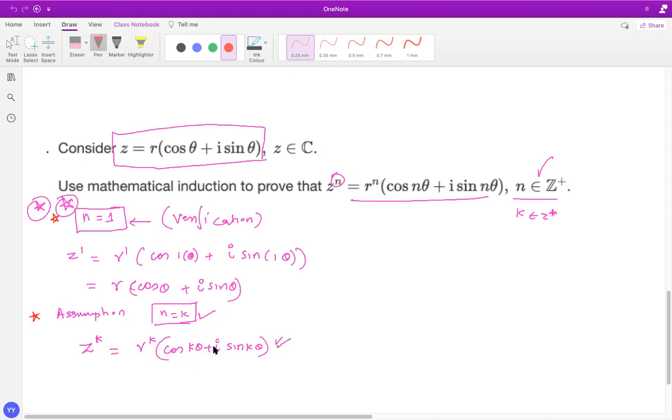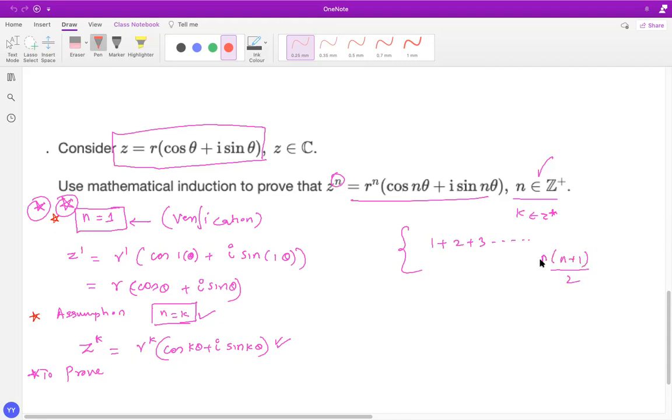Now, if this assumption is true, we've got to prove something. What is to be proved? The third step is this. In general, away from this example, say I'm using a formula for 1 plus 2 plus 3 and so on, that it is n(n plus 1) over 2.